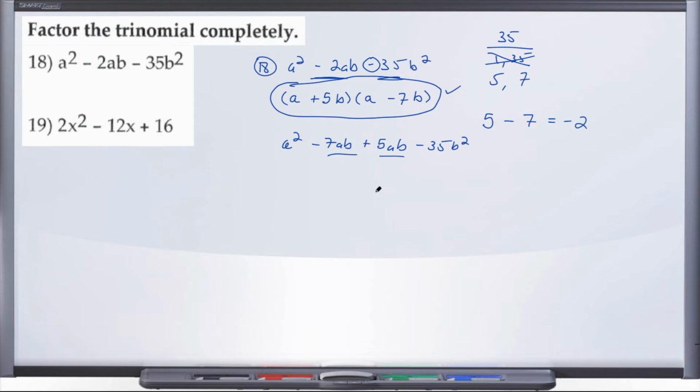Let's combine our like terms here. So we get A squared minus 2AB minus 35B squared. Does this match the original expression we started with? Yep, it sure does. So we know that we factored this trinomial correctly.